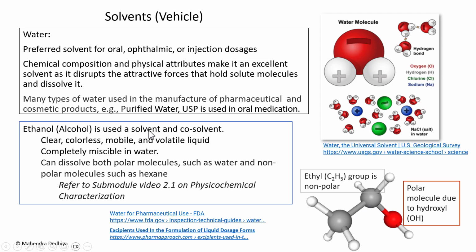It acts as a solvent or a cosolvent. Readers are requested to refer to submodule video 2.1 on physicochemical characterization, in which the solubilization by water and solubilization by nonpolar substances are discussed.